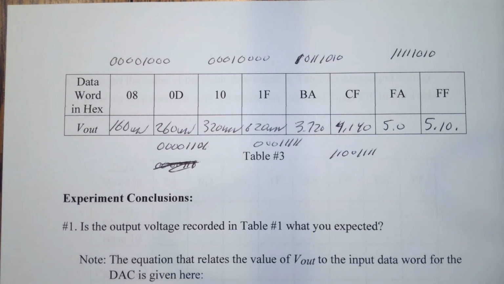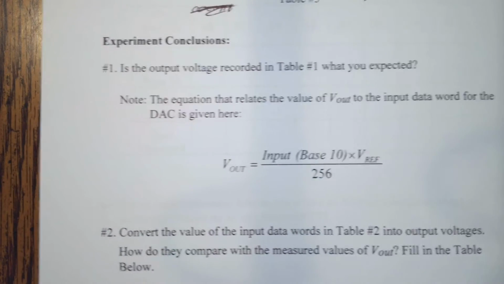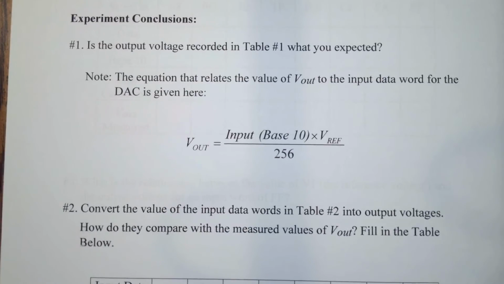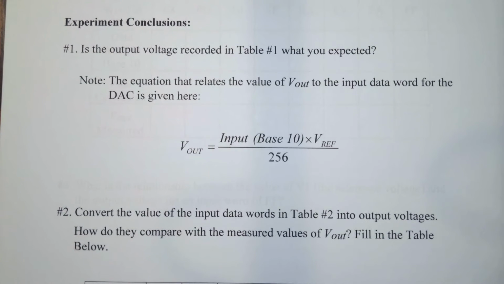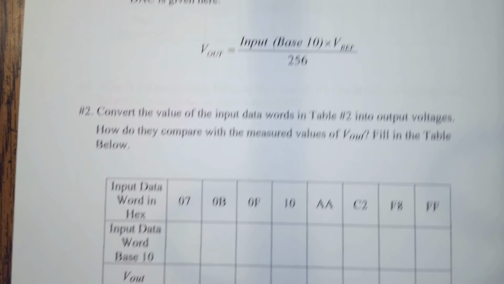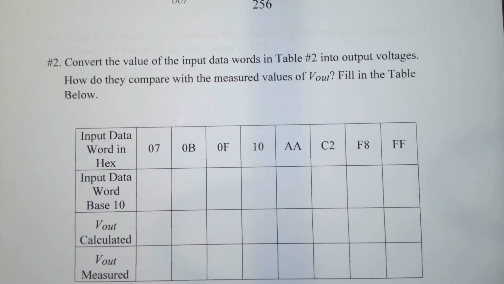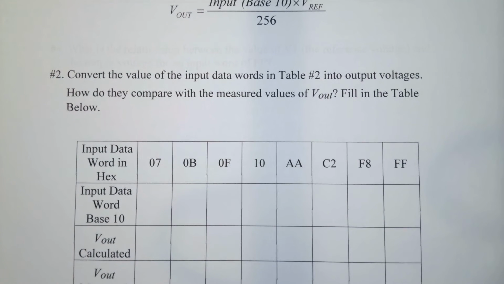So the conclusions give you an equation here: V out equals the input in a base 10 number times the voltage reference divided by 256. So in this chart here, I say convert the input data words into output voltages.